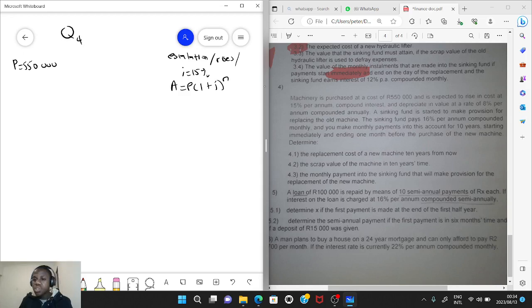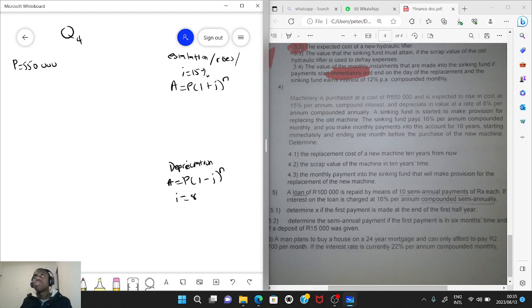Down here we have depreciation. It depreciates in value at a rate of 8% per annum compounded annually. I know it depreciates, but because of this said compounded, I'm going to use compound depreciation at a rate of 8%.